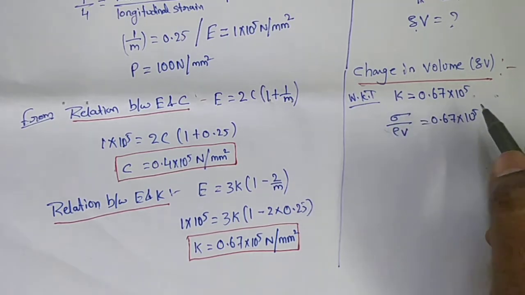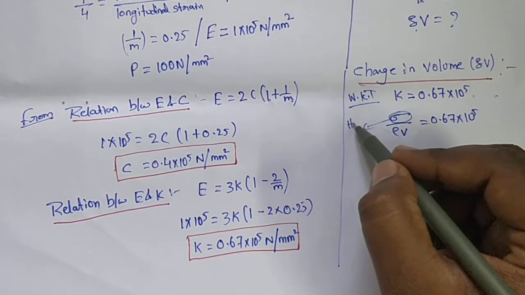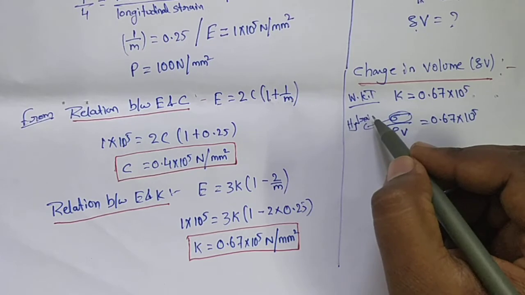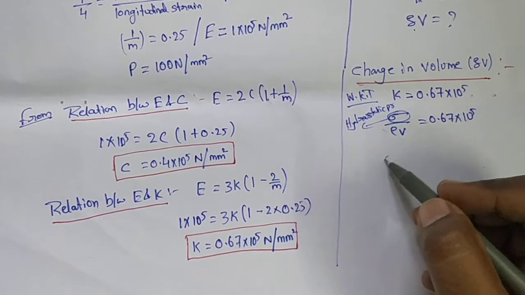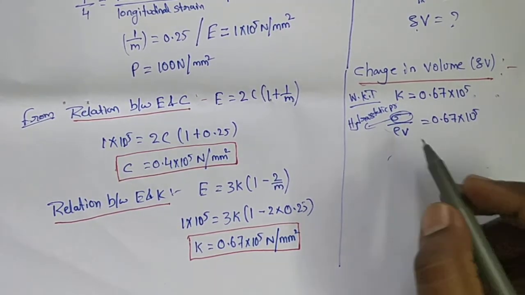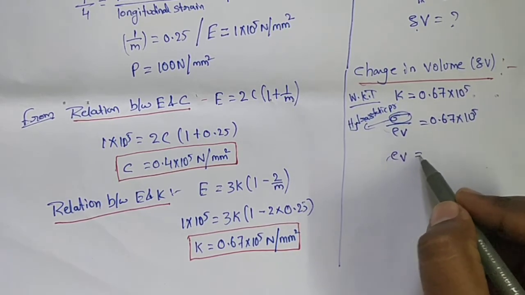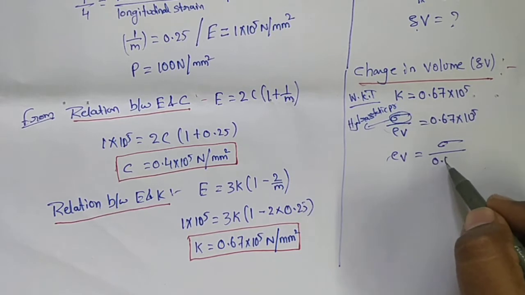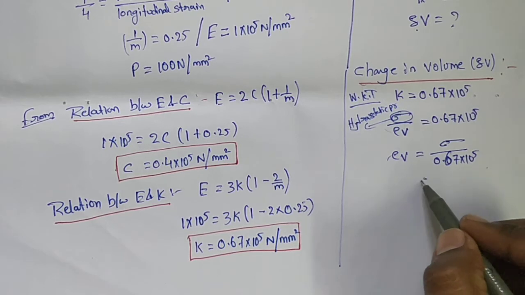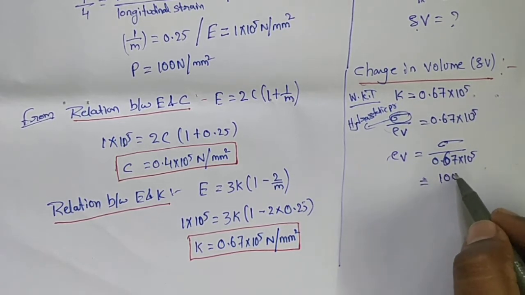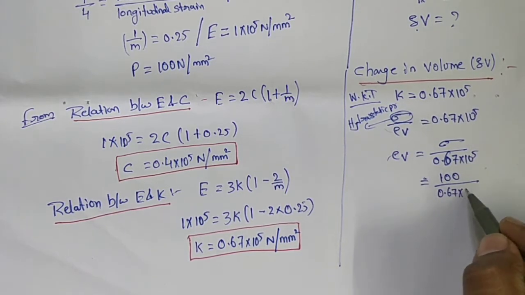Due to this hydrostatic pressure, the volume of the bar is changed, so we need to calculate that. Substituting, the above equation can be written as sigma by 0.67 into 10 power 5. The value of direct stress given is 100 by 0.67 into 10 power 5.